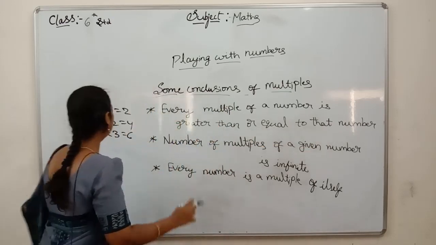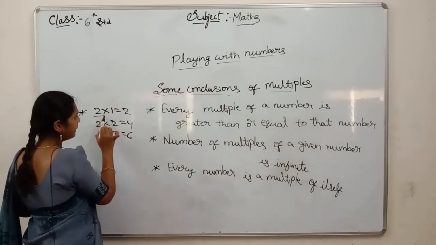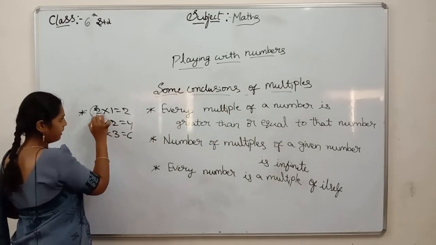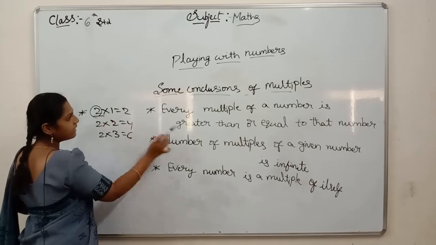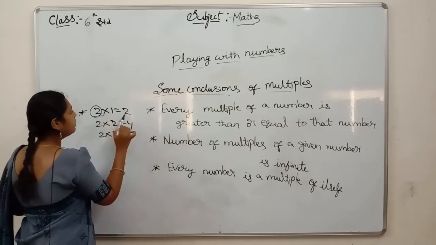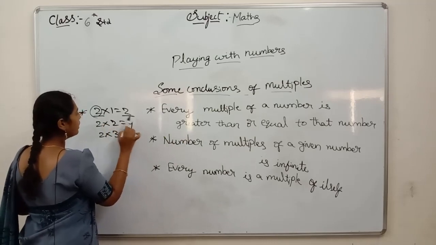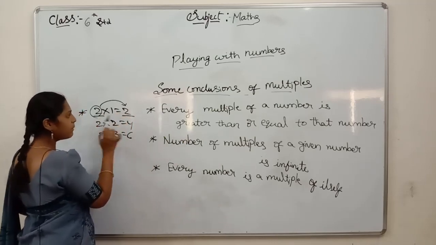What did we get here? 2 ones are 2. Same number or greater number? Same number only we will get.